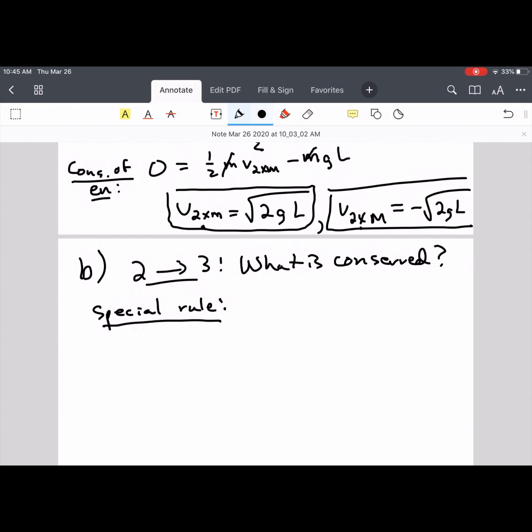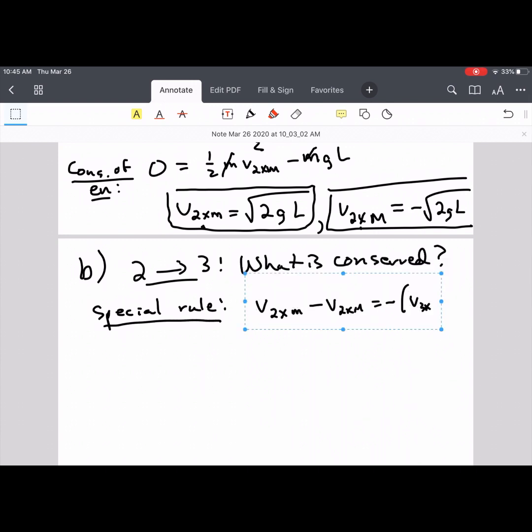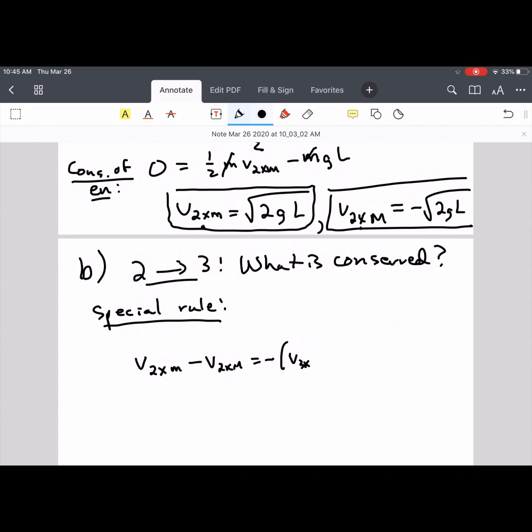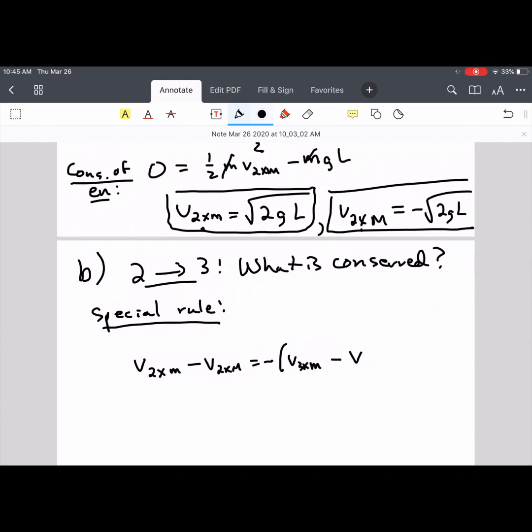So what that means is that v2x lowercase m minus v2x uppercase M is equal to negative v3x lowercase m minus v3x uppercase M. The relative velocities of the two objects interchange with each other.